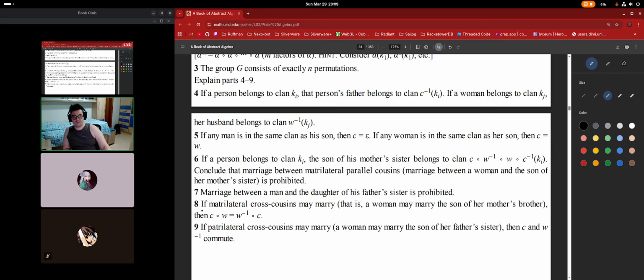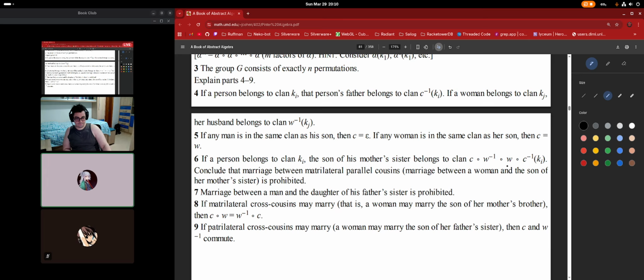Wait, it's not the same function. Yeah, because it's a man and the daughter of his father's sister. So you start with the man, right? Then actually you have to start with the inverse of C as well, because you have to get the dad of the man, right?